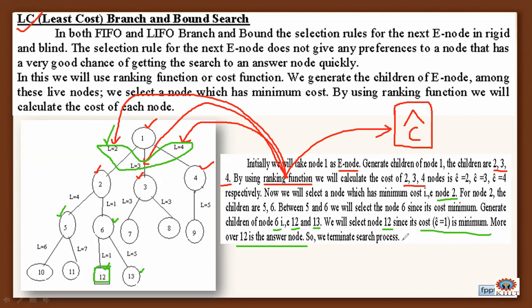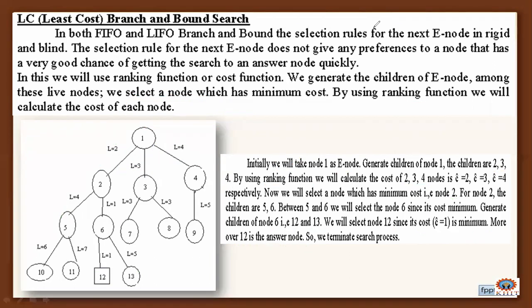Three techniques we used in this session: the first one is FIFO branch and bound, the second one is LIFO branch and bound, and the third one is least cost branch and bound. We discussed these three techniques with three different examples in a clear, descriptive manner. Hope you understood the concepts very well.